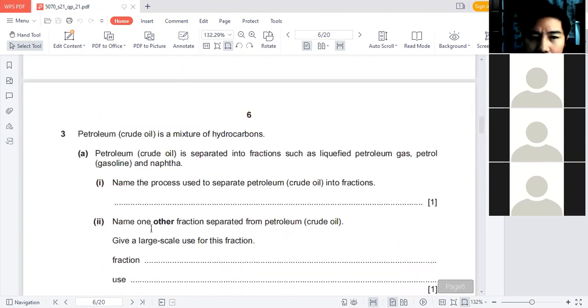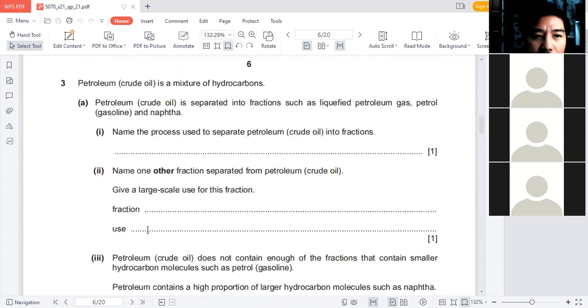Okay. Now 3. Petroleum, crude oil is a mixture of hydrocarbons. So basically hydrocarbon, what does hydrocarbon mean? It contains C and H. Then a mixture. You have to understand it's a mixture.